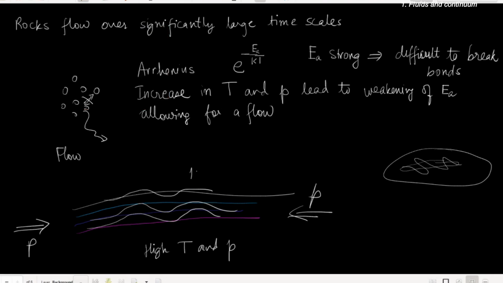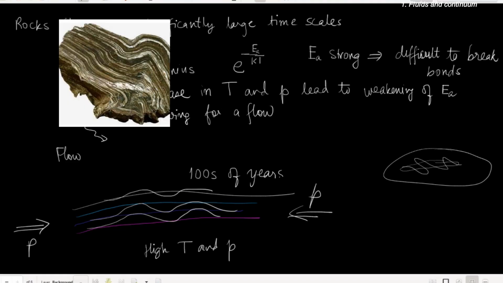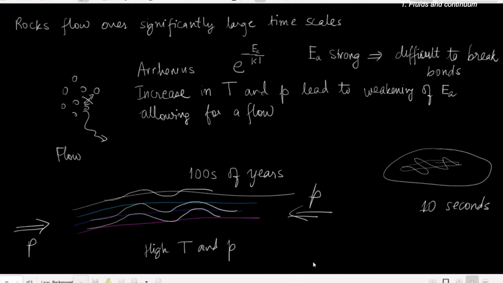So that particular stretching and folding event takes around 10 seconds, and we know for a fact that it is a fluid. And a similar looking phenomenon happens in geology, but that takes thousands of years. So the time scale is also an important factor in order for us to assess whether a substance is a fluid or a solid.